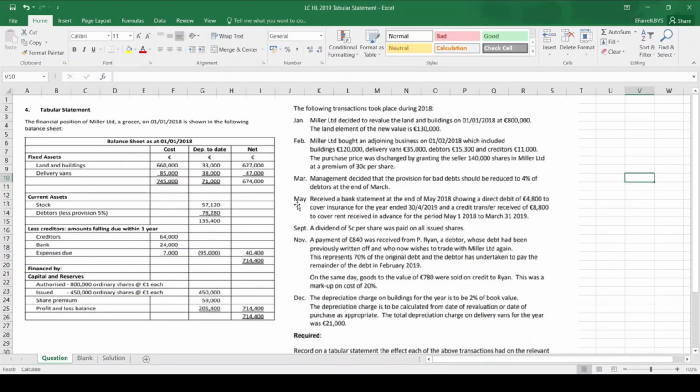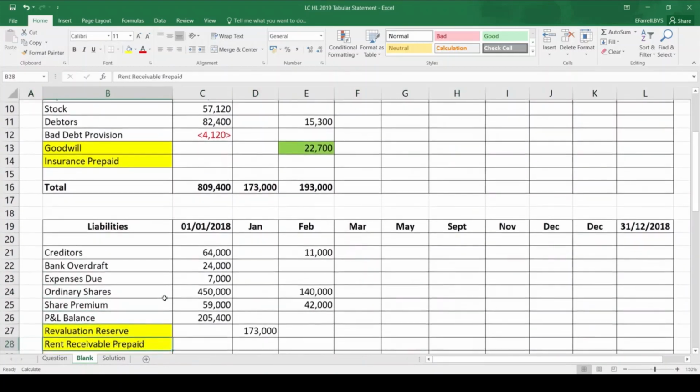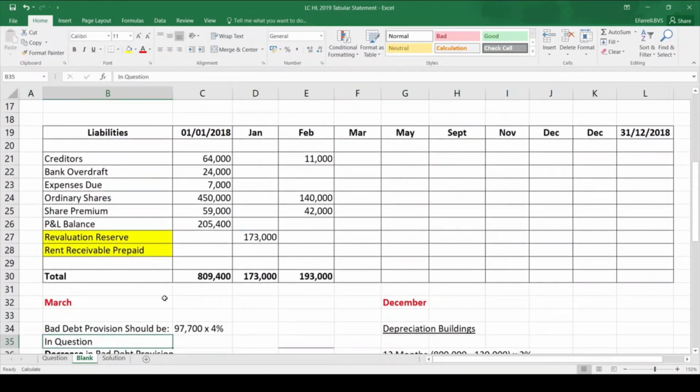In March, it says management have decided that the provision for bad debts should be reduced to 4% of debtors at the end of March. So we just have to get our most recent debtors figure and then get 4% of it. So just a little working on this. The bad debt provision should be 4% of debtors.